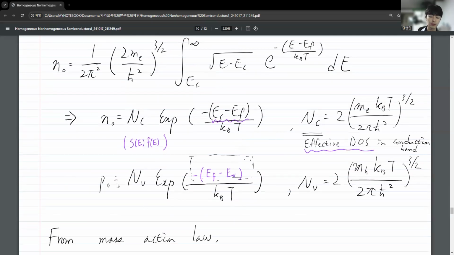The hole concentration equals NV times exponential of minus the Fermi energy level minus the valence band over kBT. NC and NV are the effective density of states.